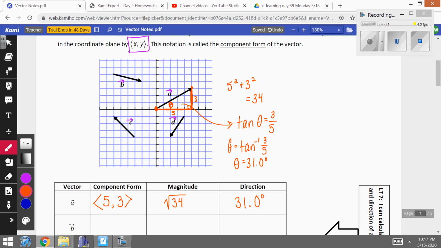Okay, now if I look at B, going over and looking at B, it's not in standard position, right? The initial point is not on the origin right there. But what we can think about, again, what these are called is free vectors. That means it really doesn't matter where you put them on the whole coordinate plane. It doesn't affect your component form, your magnitude, or your direction.